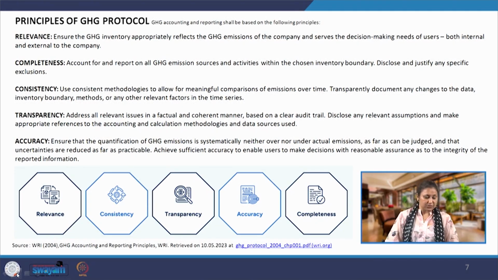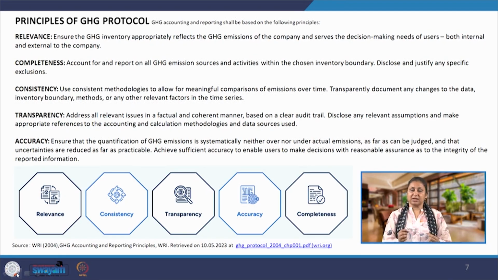And then the last principle, which is that of accuracy. So, we have to ensure that the quantification of GHG emissions is systematically neither over nor under the actual emissions, as far as can be judged, and that uncertainties are reduced as far as practicable. So, there will be uncertainties, there is no doubt about that. For any company operating, there are thousands of activities which are taking place day in and day out.